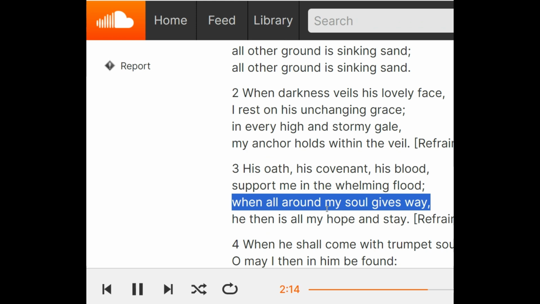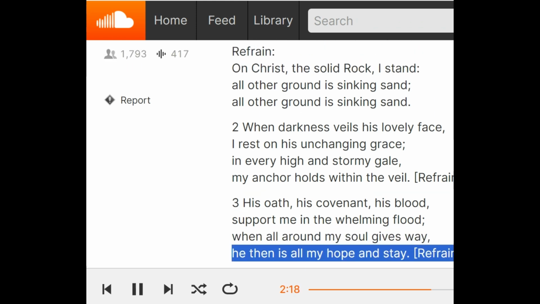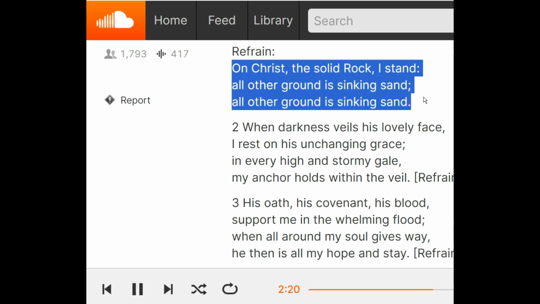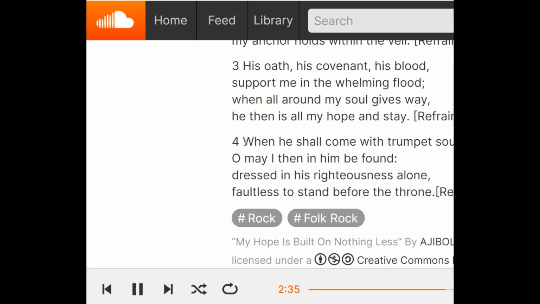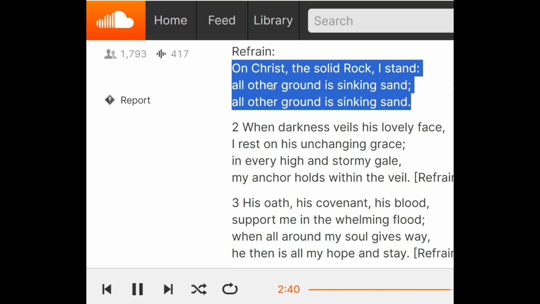When all around my soul gives way, he then is all my hope and stay.